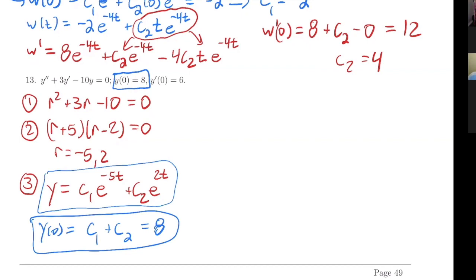I'm trying to solve for 2 things, c1 and c2, so it makes sense that we're going to need 2 bits of information to solve for 2 unknowns. Using the position, we've got 1 piece of information, and then we can use the initial velocity to take the derivative of our general solution.